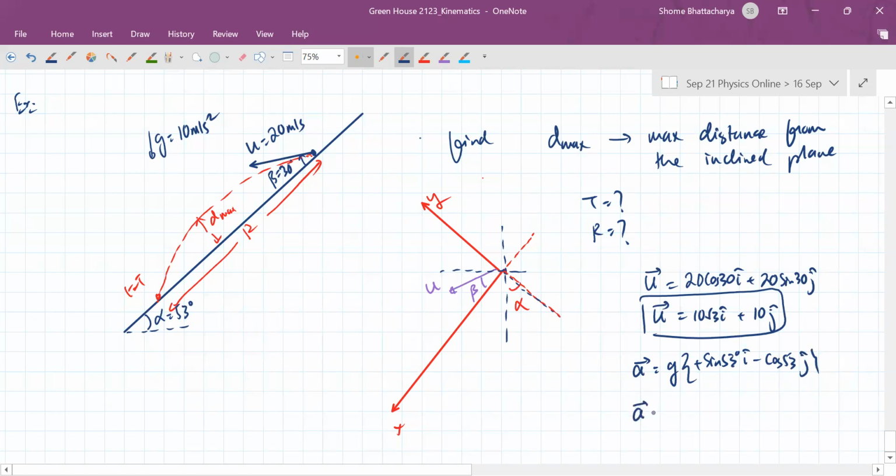So the acceleration numerically will become 8 i cap minus 6 j cap.